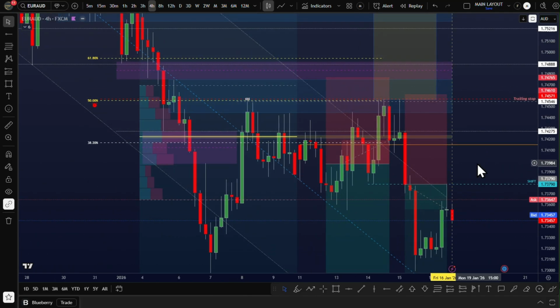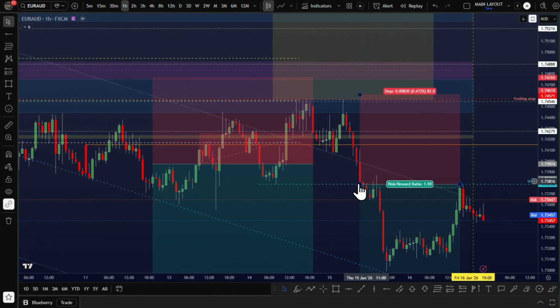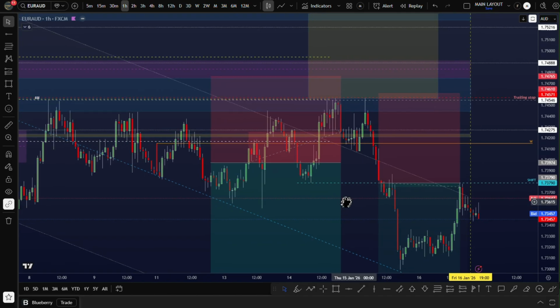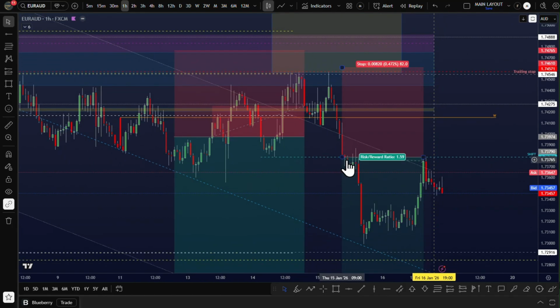So I was waiting for that, so I put my shift of structure here because this was the last low before dropping. So when price breaks this low, enter the trade directly.